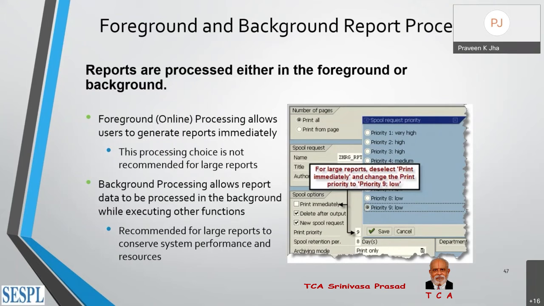You can click the execute button, and then your report will be executed in the foreground. If you want to execute the report in the background, then in the top main menu bar, you have to select the menu option, and there you have the option to execute in the background.